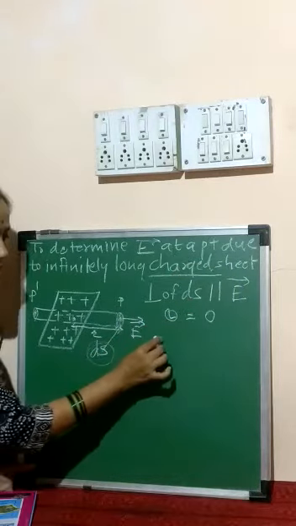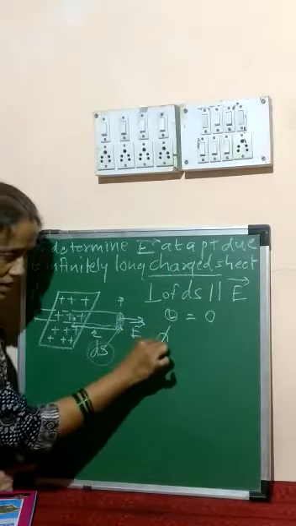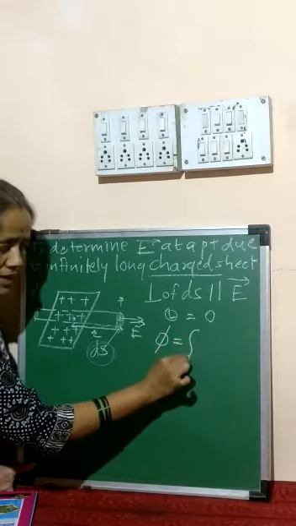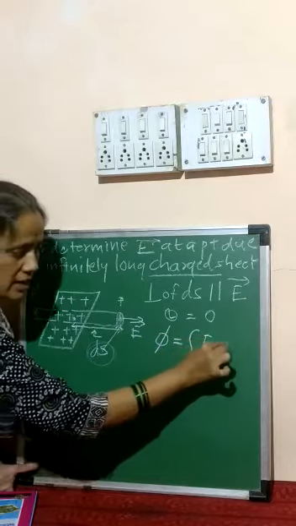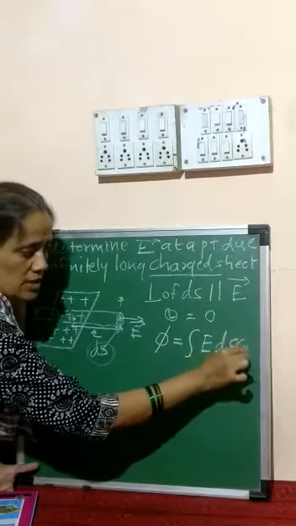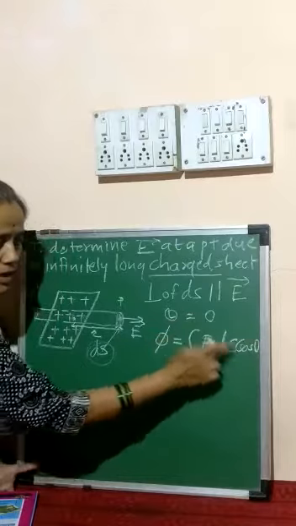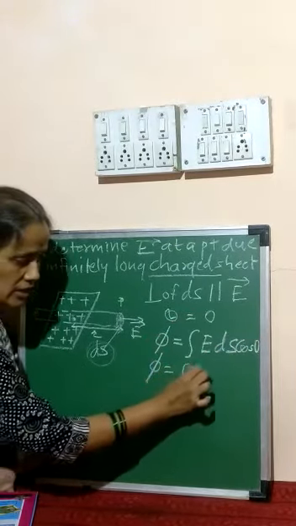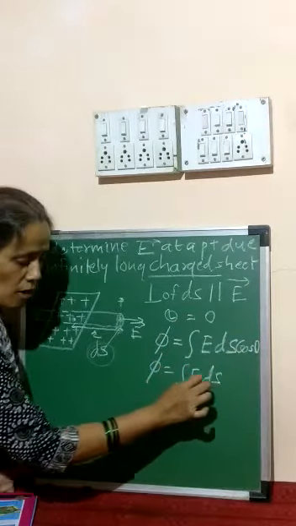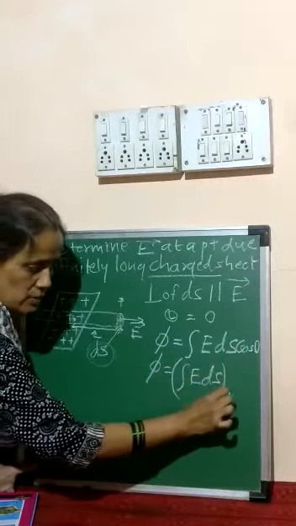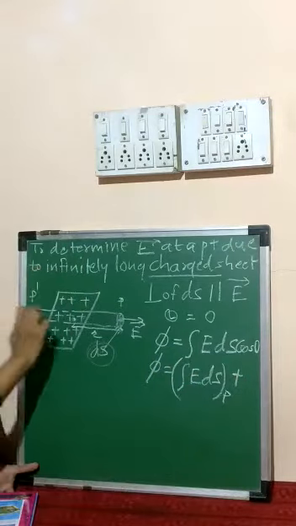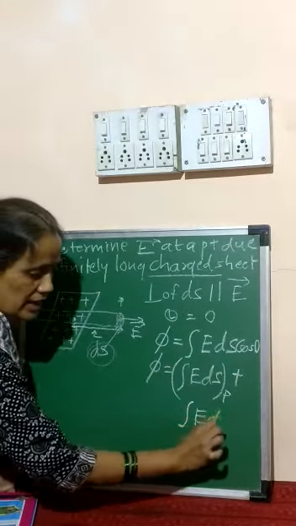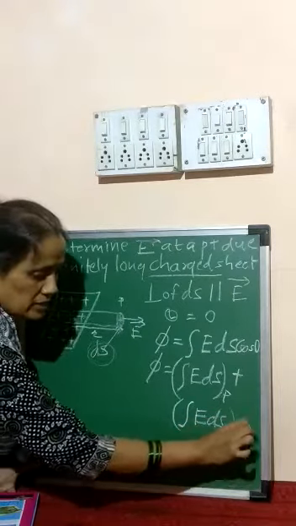Hence total phi is nothing but integration of E ds cos 0. Cos 0 is 1. So phi will be integration E ds for P point, as well as for the other point P dash, I can write integration E ds at P dash.